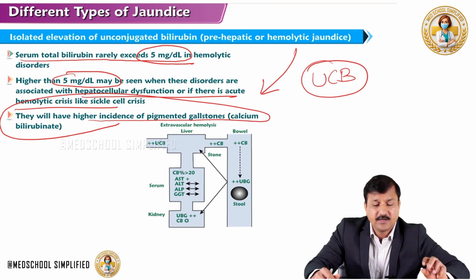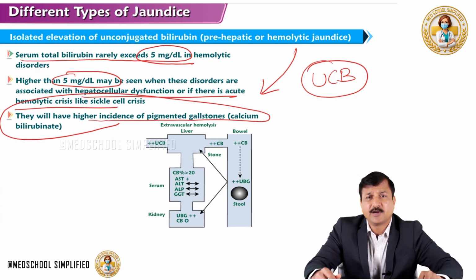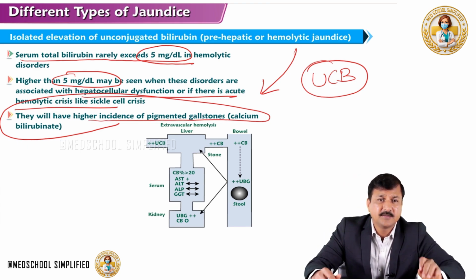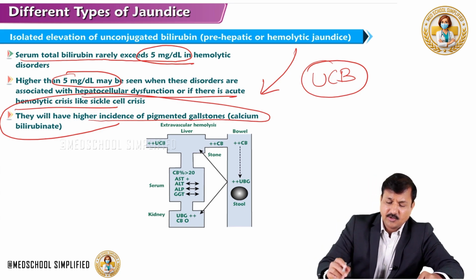When the contents in the gallbladder are concentrated and the calcium is precipitated, the calcium bilirubinate stones can be found in hemolytic anemia patients. Okay, you got to look for that.